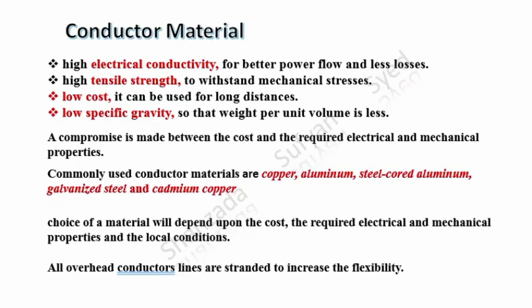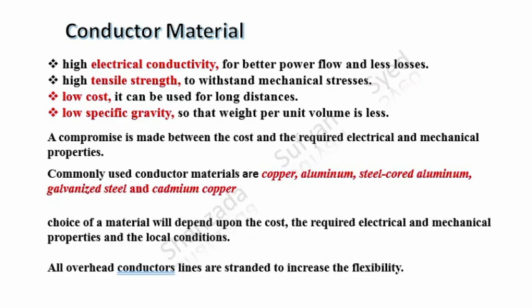In the same way, if the tensile strength of a conductor is high and you are required to use that conductor, and at the same time its cost is high, then you have to compromise on the cost. It's all because you have to make the transmission system more reliable and effective.